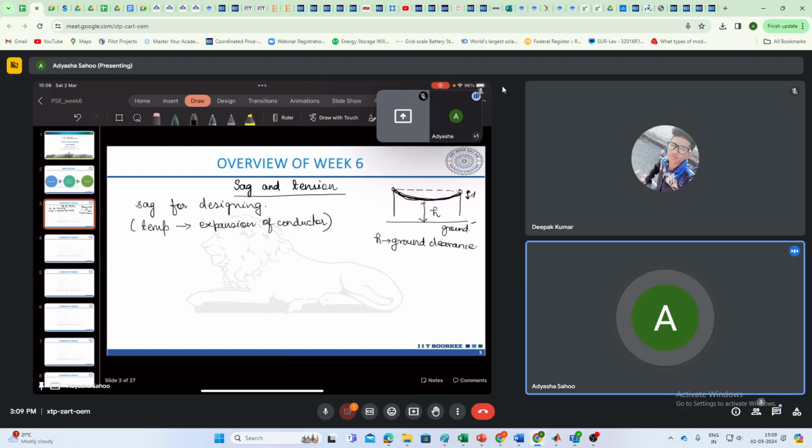So a certain safe distance above which your conductor can be suspended. So that will be this height H plus your sag D.